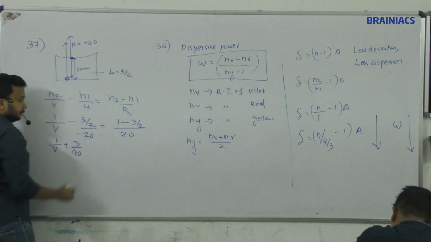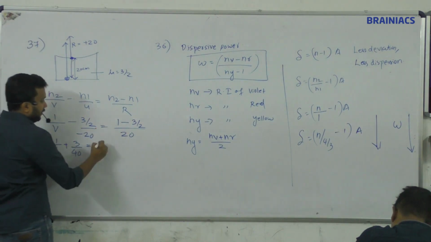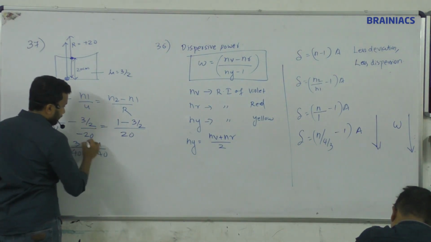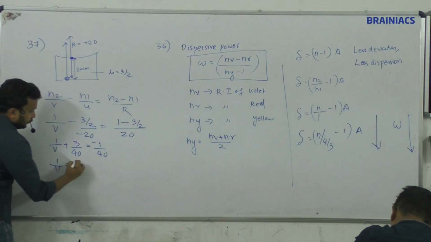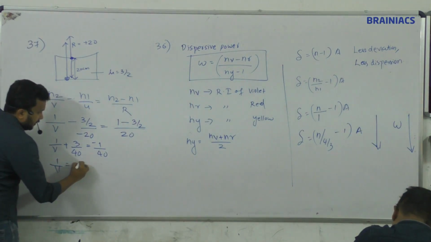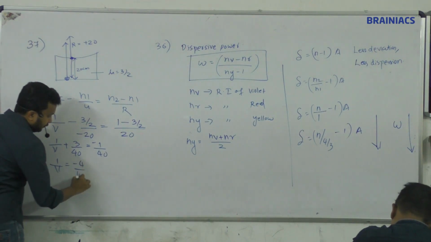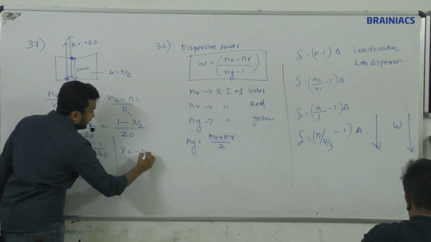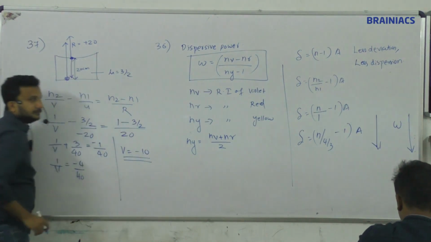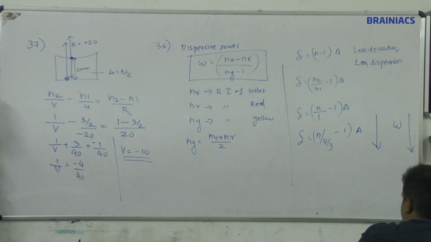Then simplify, this becomes 1 minus 1/2, so 1/40 minus 1/40. So 1 by V is equal to minus 4/40. So V is equal to minus 10. Okay, V equal to minus 10.